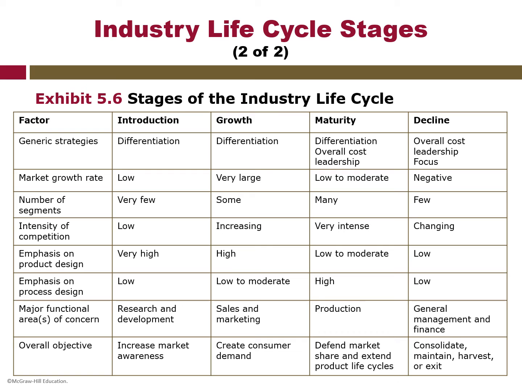Managers must strive to emphasize the key functional area during each of the four stages and to attain a level of parity in all functional areas and value creating activities. For example, controlling production costs may be a primary concern during the maturity stage.